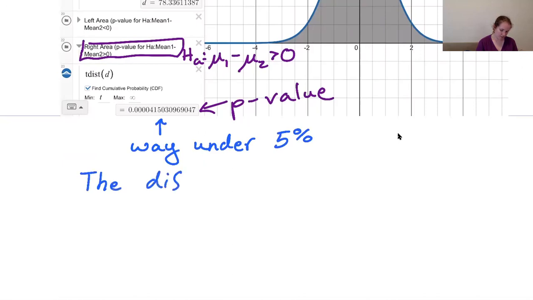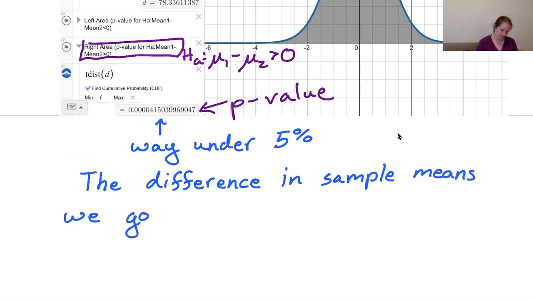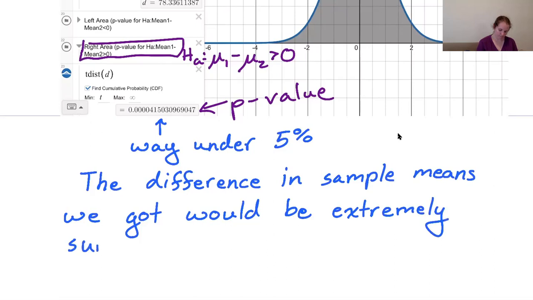The difference in sample means that we got would be extremely surprising if the means were equal.